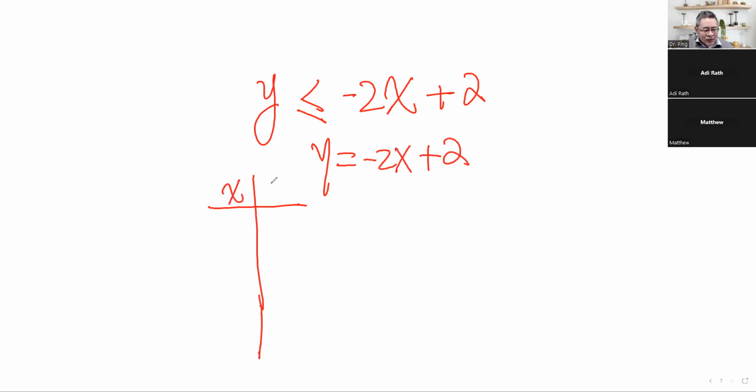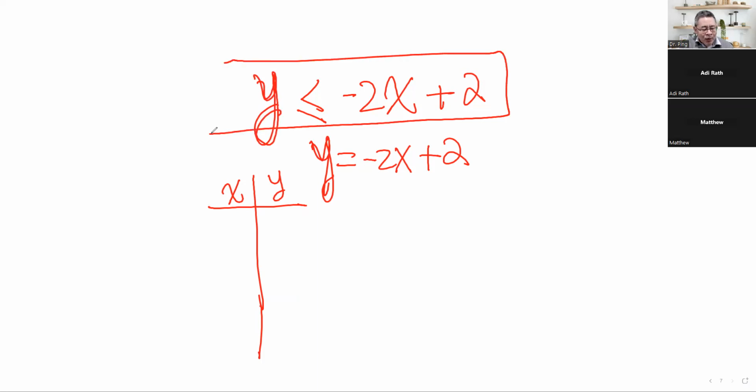And we've got x and y. Remember, this y is different from this y, okay? Even though we use the same y, this here is a variable that is less than or equal to negative 2x plus 2. And here, this just shows us a linear function that y is equal to this. Okay, and we draw that.